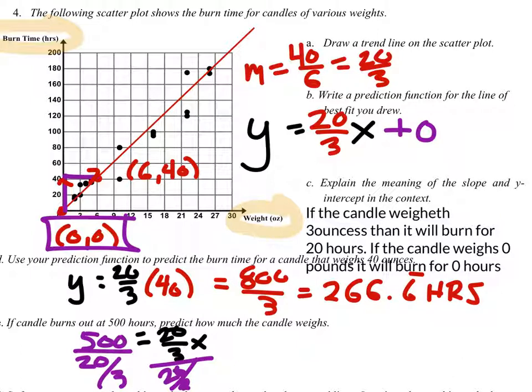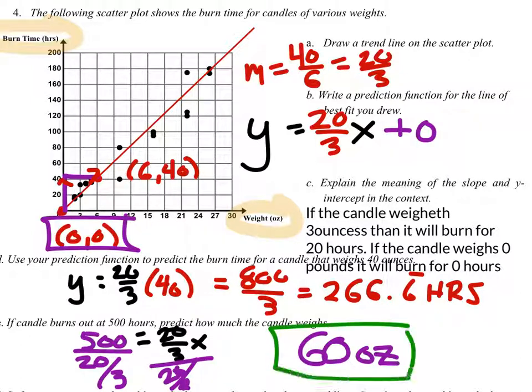And what do we get? 75. So this candle would have to weigh 75 ounces. This is just solving a complex fraction right there.